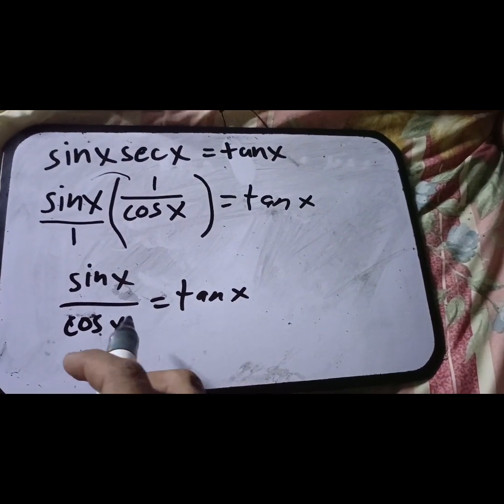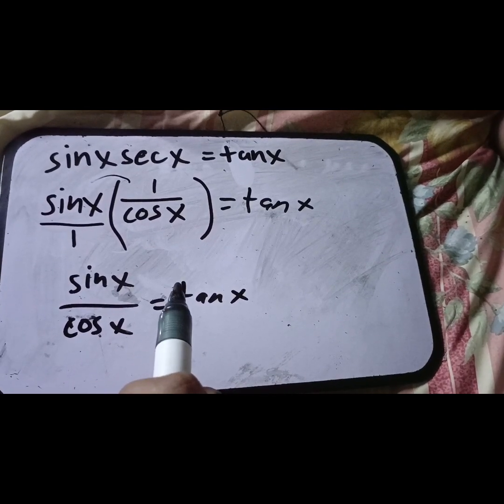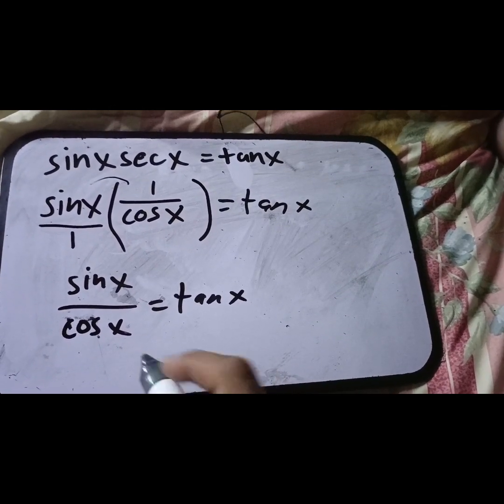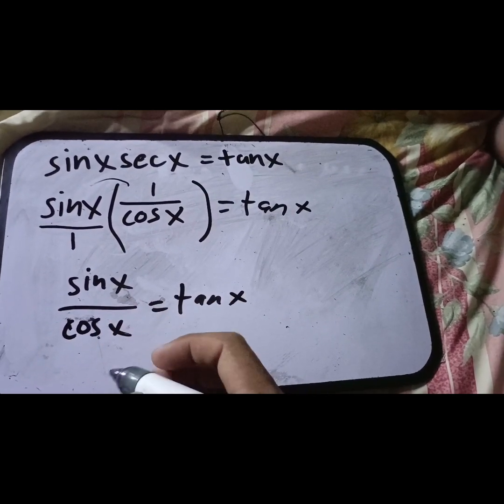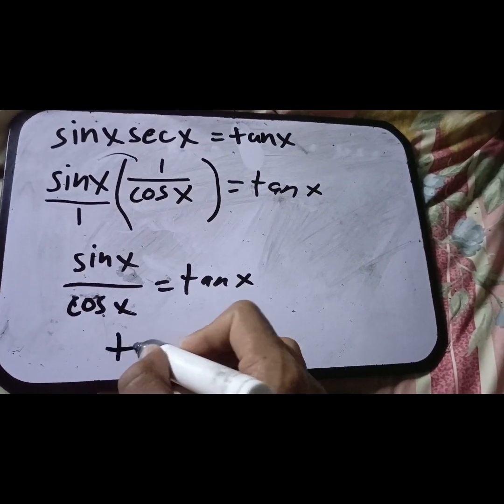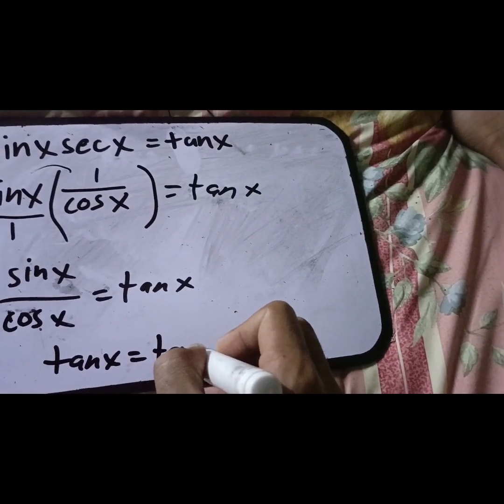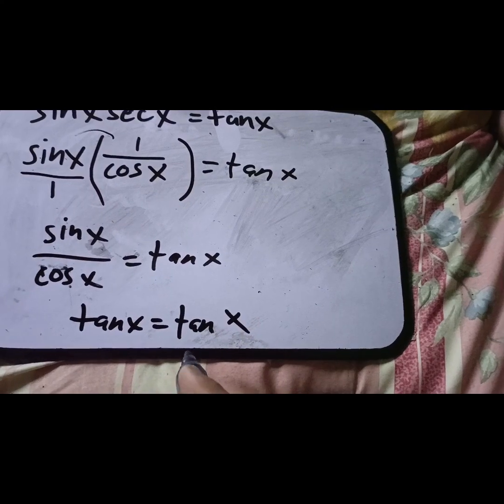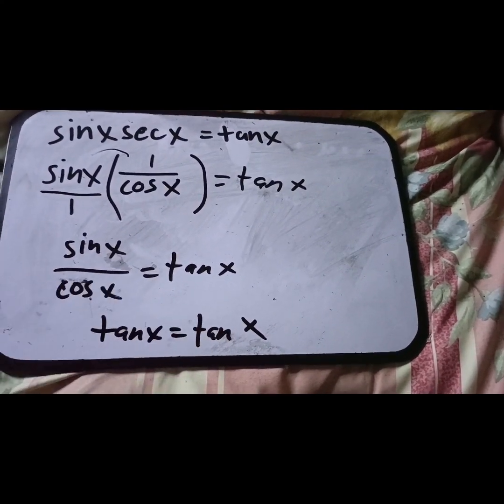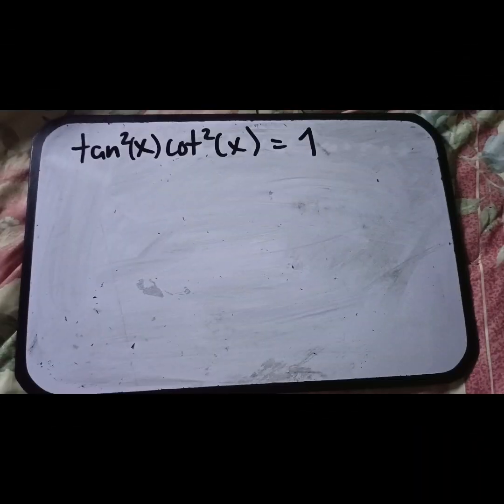As you can see in the identities we met earlier, tangent x is equal to sine x over cosine x. So we're just going to write it as tan x is equal to tan x. Now that we've proved the identity, you are done. As long as you make both sides equal, you are finished.